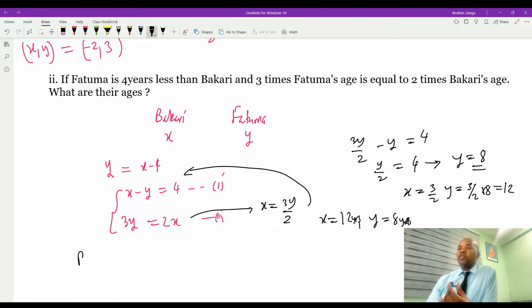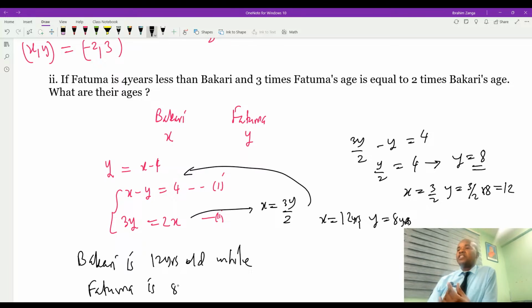So we are going to conclude that Bakari is 12 years old, while Fatuma is 8 years old. Make sure you write actually your answer in full. So that is solution for the questions from this exam.